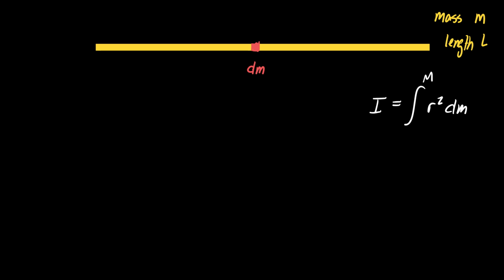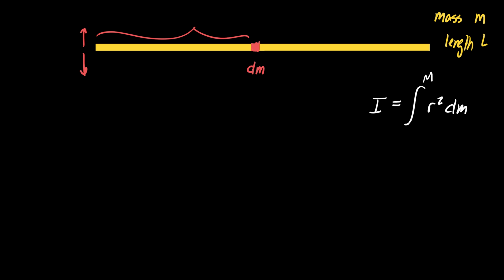Now, I think, because this object is very long compared to how wide it is, that I don't have to worry about how high or low this piece is. The only thing that's really important about this piece is how far away it is from the end. Does that make sense?